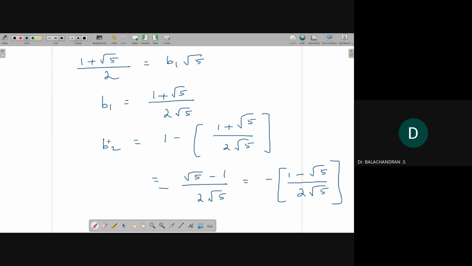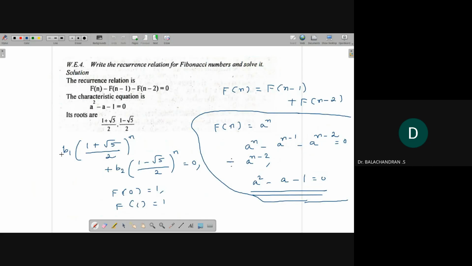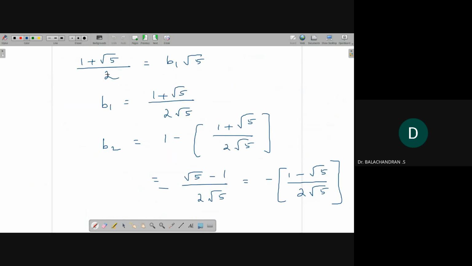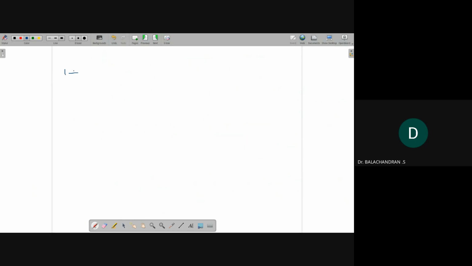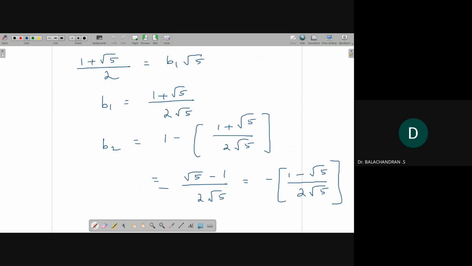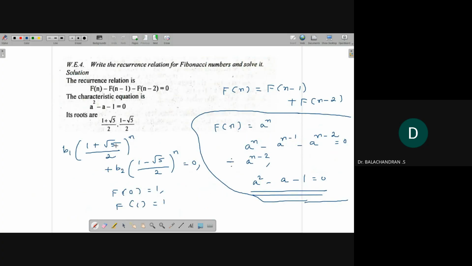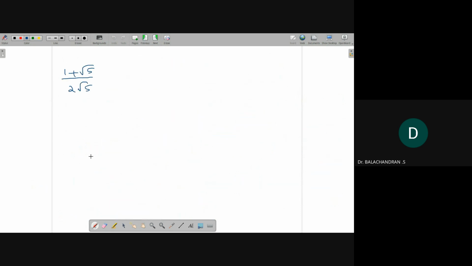Now substitute the values of b1 and b2 in this equation. So b1 into ((1 plus root 5) by 2) whole power n. What is b1? b1 is (1 plus root 5) by 2 root 5, into ((1 plus root 5) by 2) whole power n.